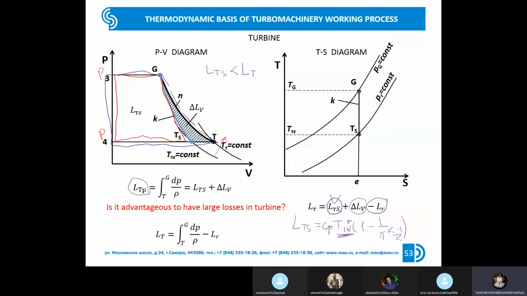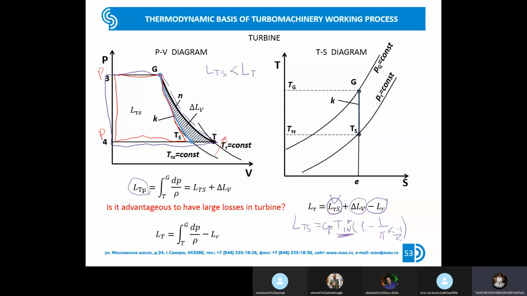If we speak about the comparison of efficiency of the compressor and the turbine, that is the first reason. And the second reason, in the compressor we have a diffuser process. In the turbine, a confuser process.